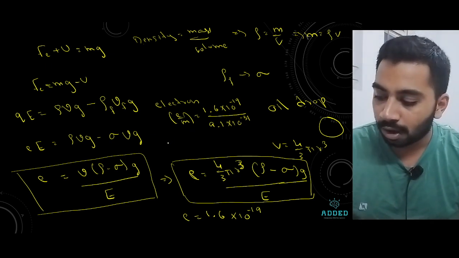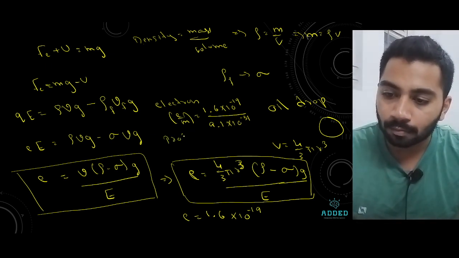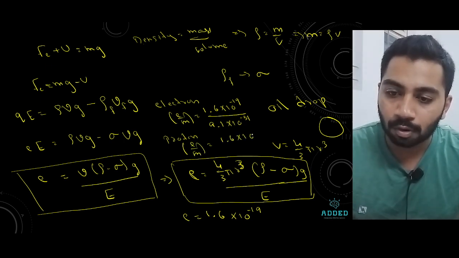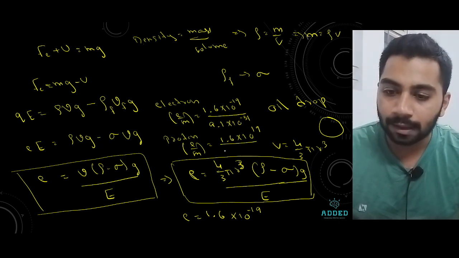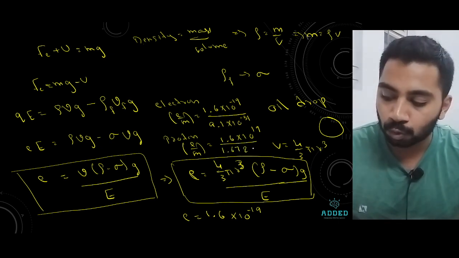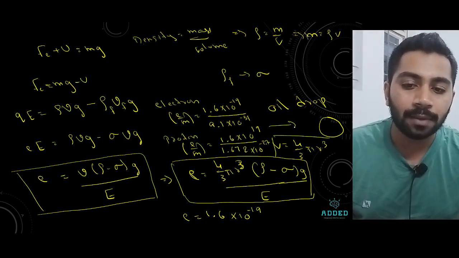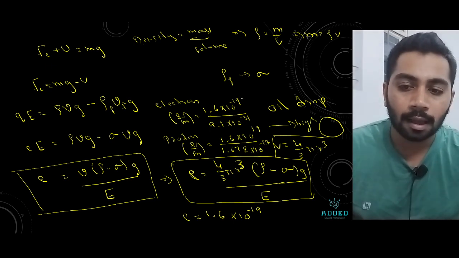For proton, e by m is equal to 1.6 into 10 to the power of minus 19 divided by 1.672 into 10 to the power of minus 27. Now this will be higher and this is lower.